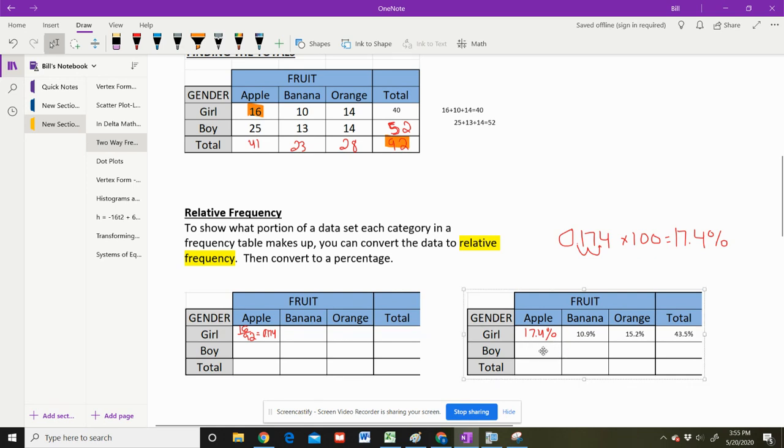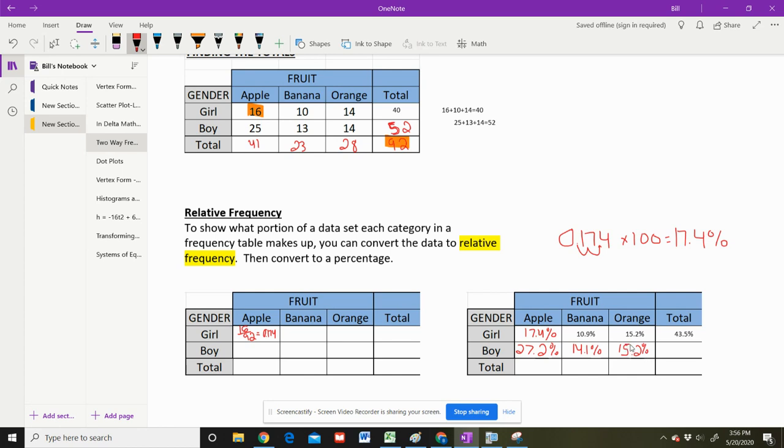Okay, so what you should have gotten, I'm just going to write it out, is 27.2%, 14.1%, and 15.2% for boys and girls, right? So look at that.